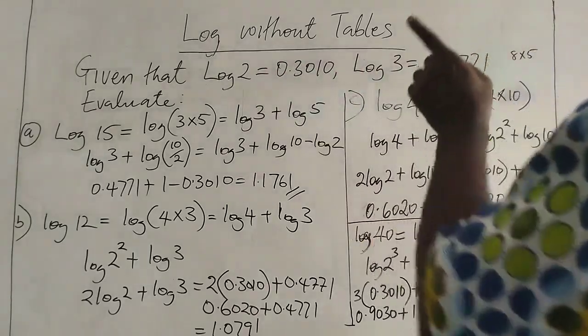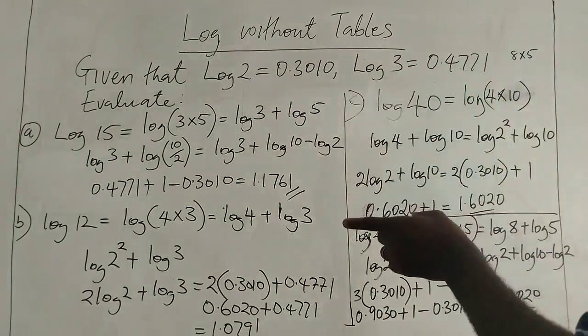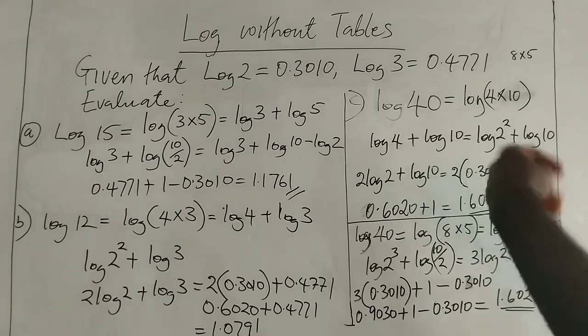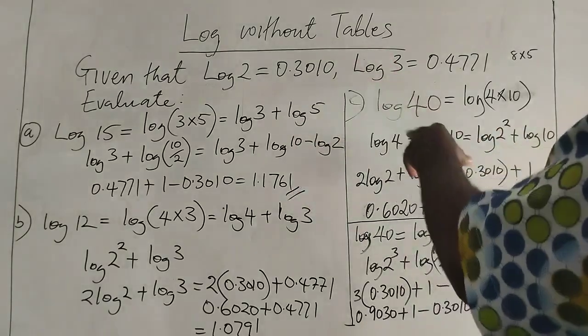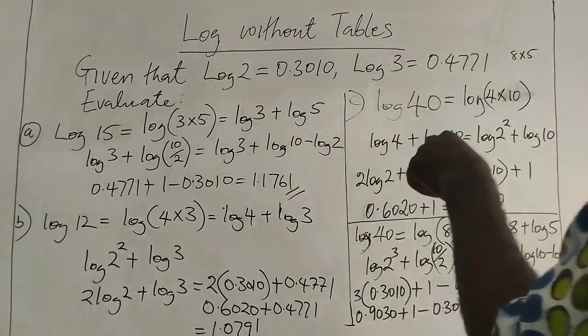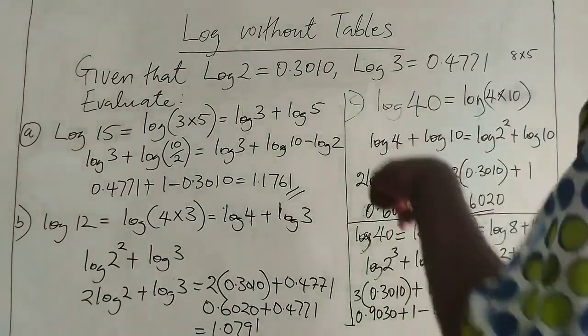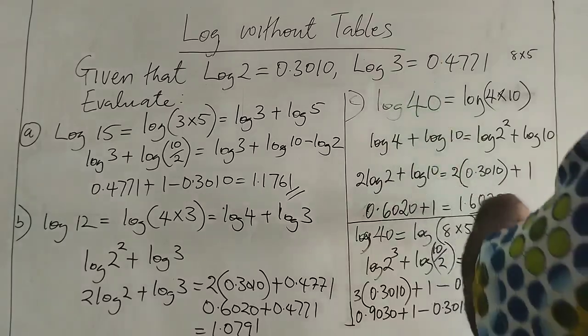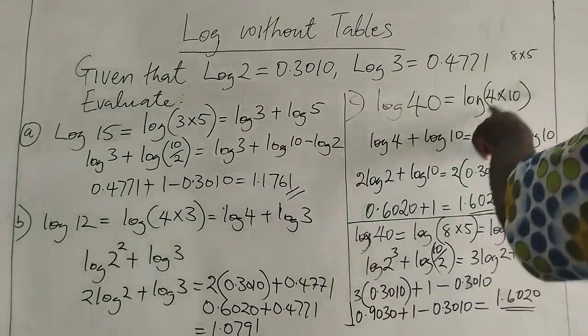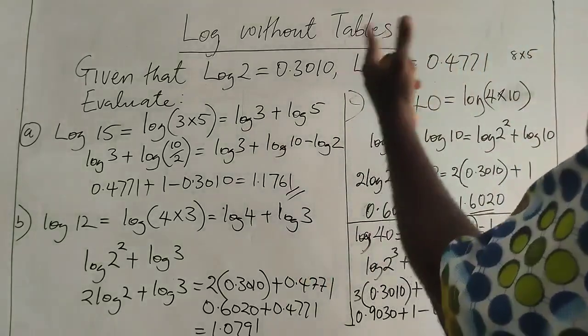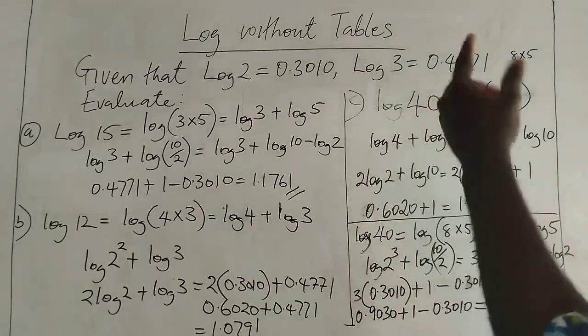The only factor you can bring in at any time that can help you simplify any number in this type of question is 10. And the reason we bring in 10 is because we know that the base of any log without a visible base is 10. So log 10 base 10 will always give us 1.